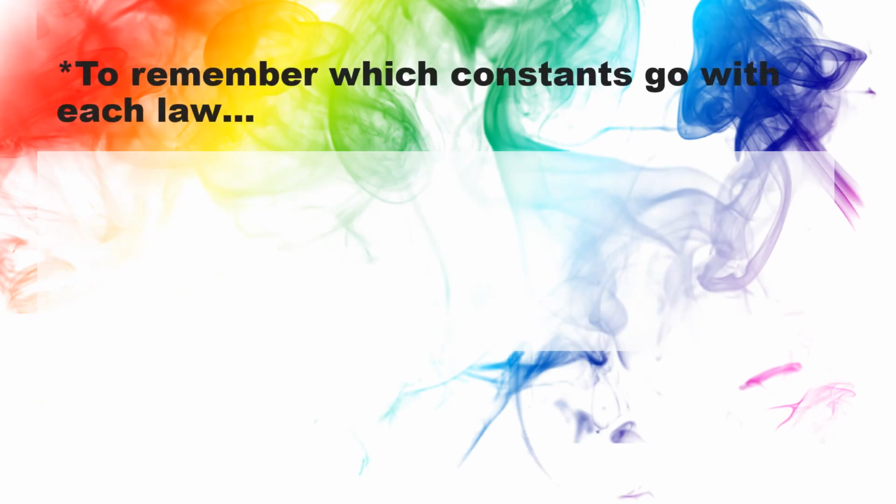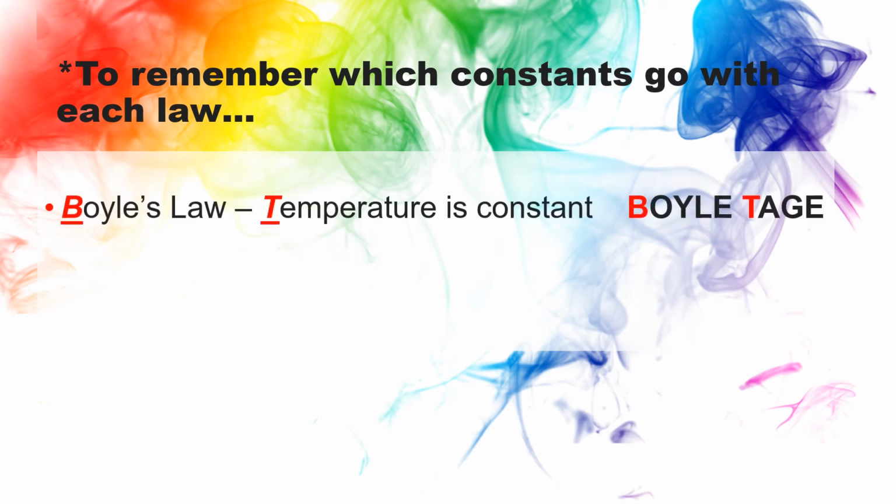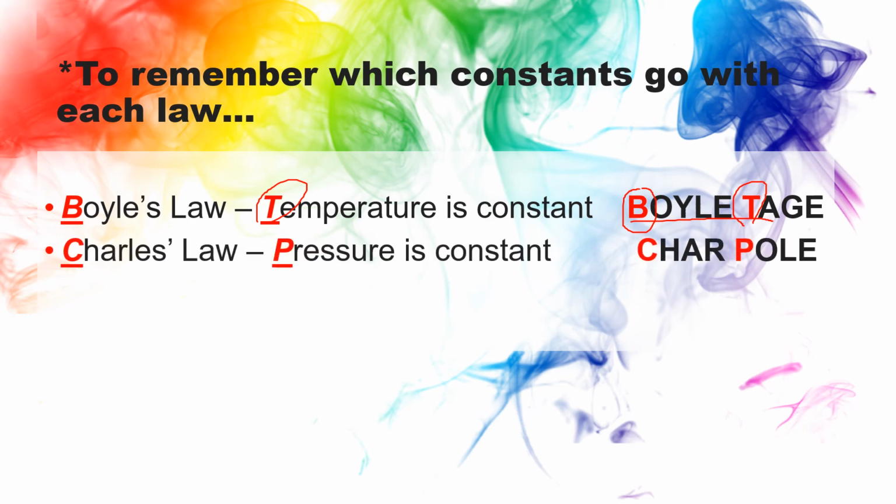Okay, to remember which constants go with each law, because there is a constant variable with each gas law, I have here a mnemonic for you to easily remember. For Boyle's law, since the temperature is constant, just remember the mnemonic Boyle-Tage. Letter B, Boyle for Boyle's law, Tage, letter T. Temperature is constant. For Charles' law, since pressure is constant, you just have to remember Char-Paul.